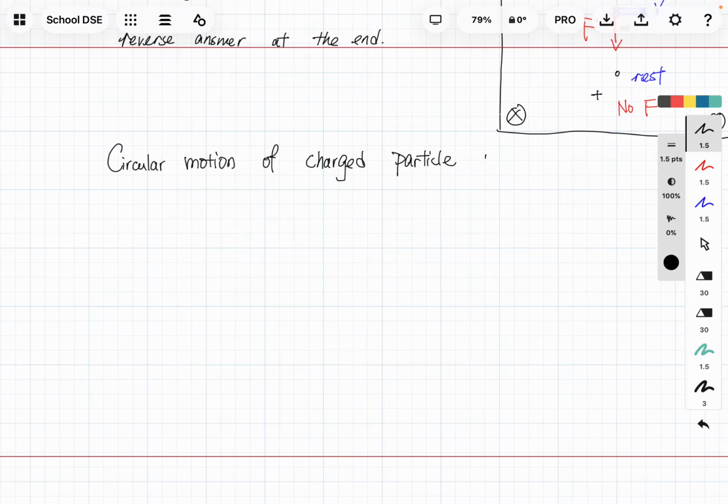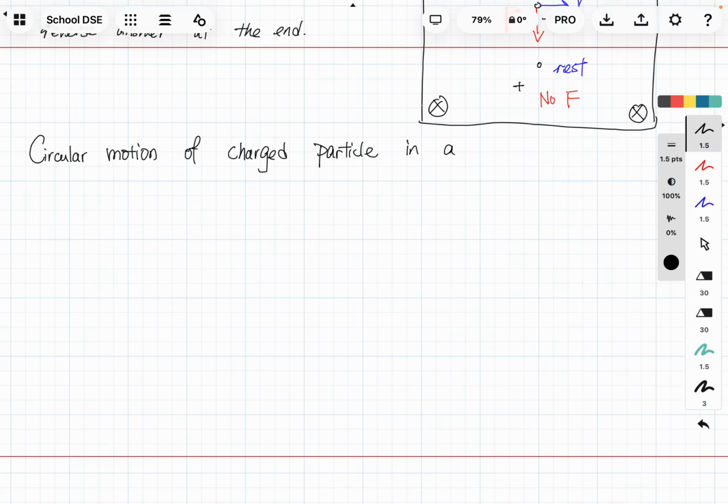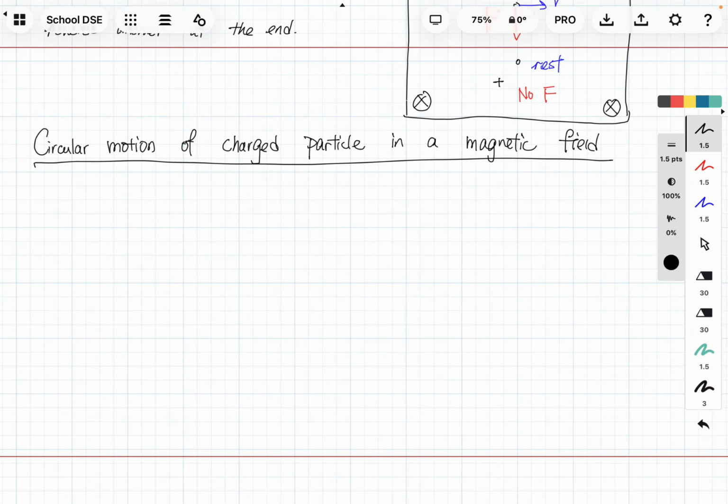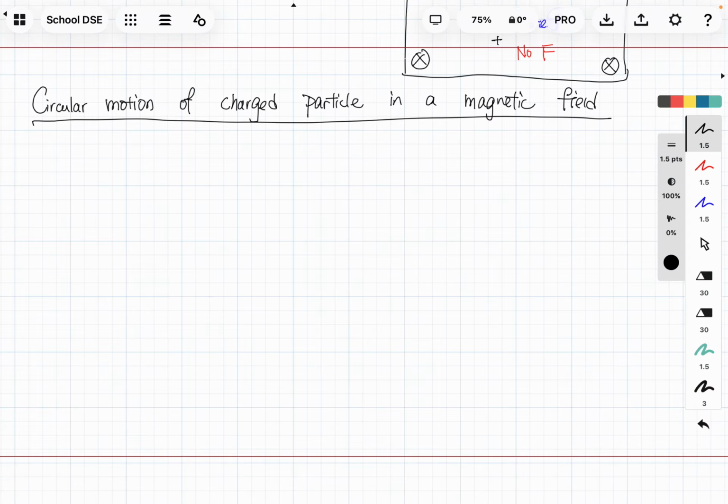Okay. So this is about everything about the force exerted on a charged particle. You need to learn about the direction, you need to learn about the magnitude, the sine theta is very important. So this part on the top talks about the direction and the magnitude of the force. Afterwards, you want to study how it moves.